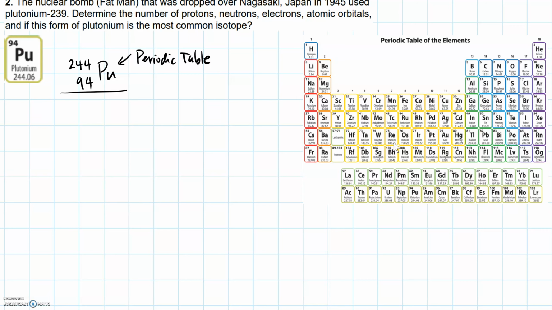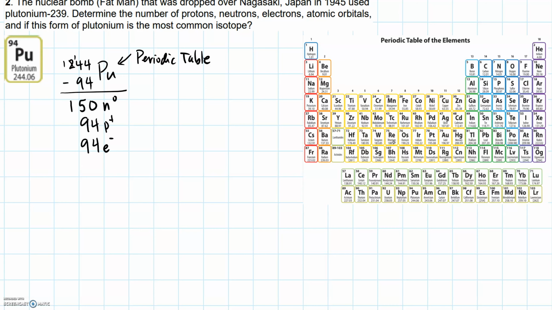And so when I look at the periodic table, if I calculate the details on this one here, I'm going to get 0, and then I'm going to have 90 neutrons. Oops. Made a math error there. So if I'm going to borrow 1, then I'm going to get 150 neutrons, 94 protons, equal to the number of electrons.